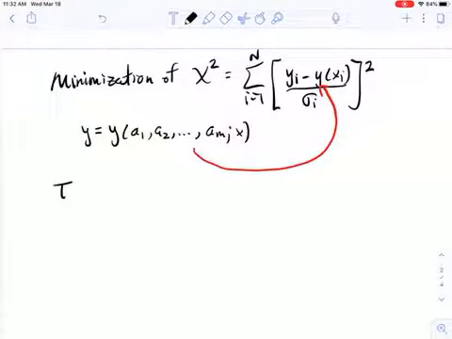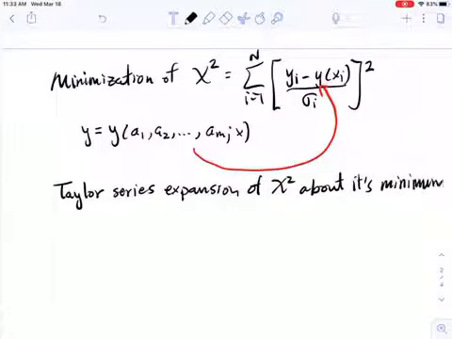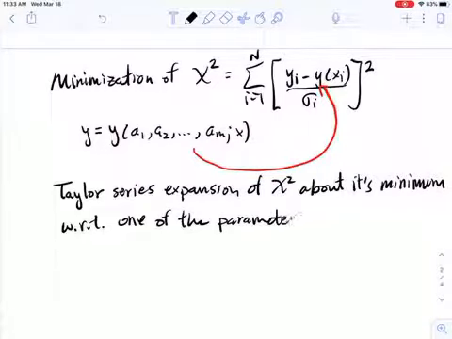So we're going to do a Taylor series expansion of chi-squared about its minimum with respect to one of the parameters, aj.